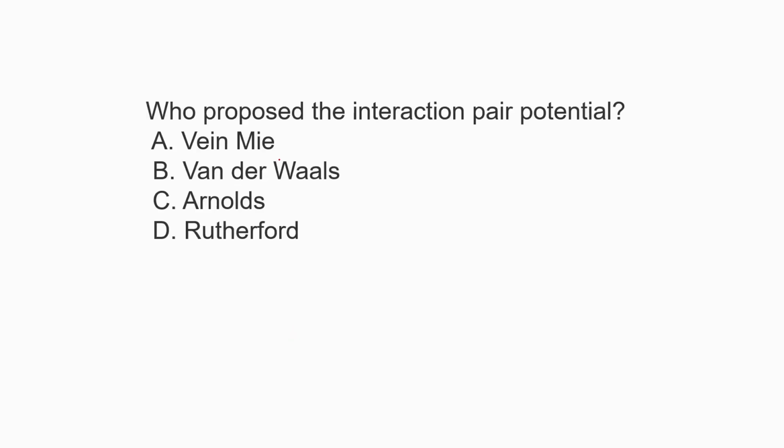The next question was, who proposed the interaction pair potential? Option A, Wien. Option B, van der Waals. Option C, Arnold's. Option D, Rutherford.